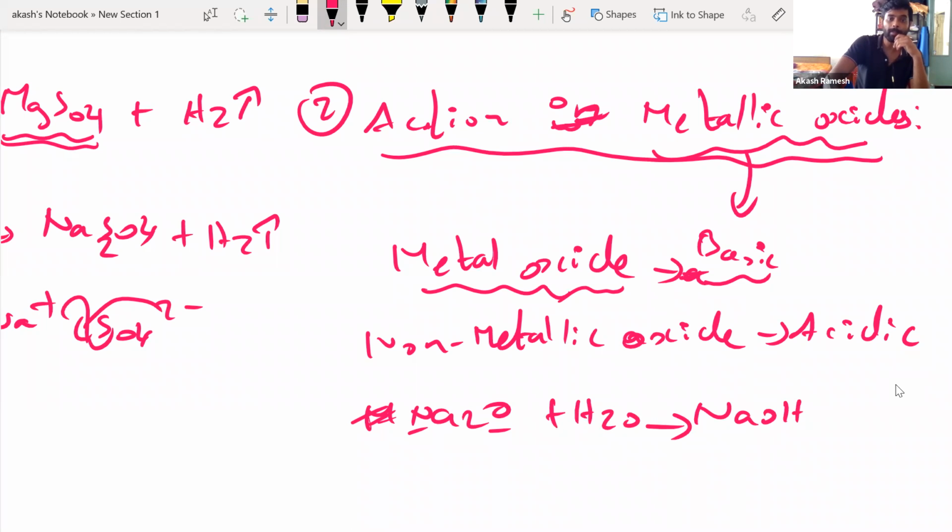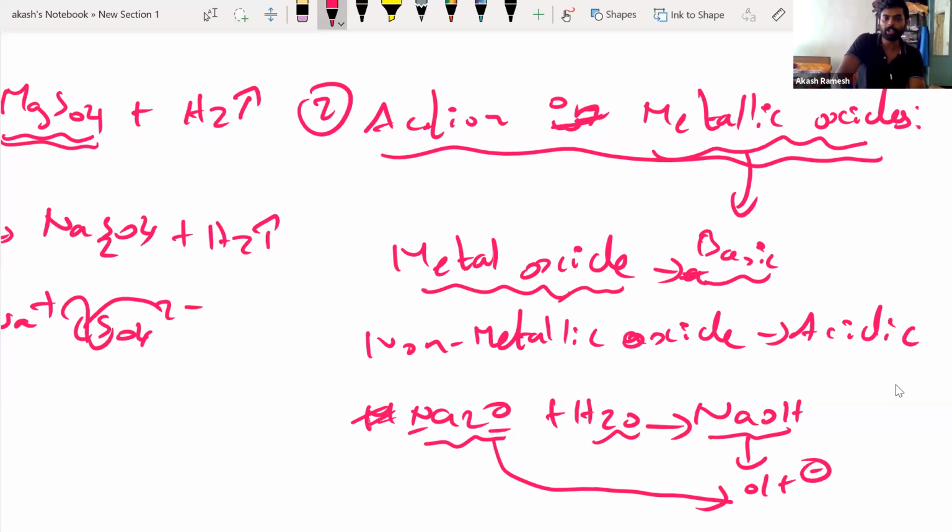This NaOH is present in water, so it is capable of giving me OH minus ions. Indirectly, Na2O or any metal oxide is capable of giving OH minus ions when dissolved in water. That is why we say metal oxides are basic in nature.